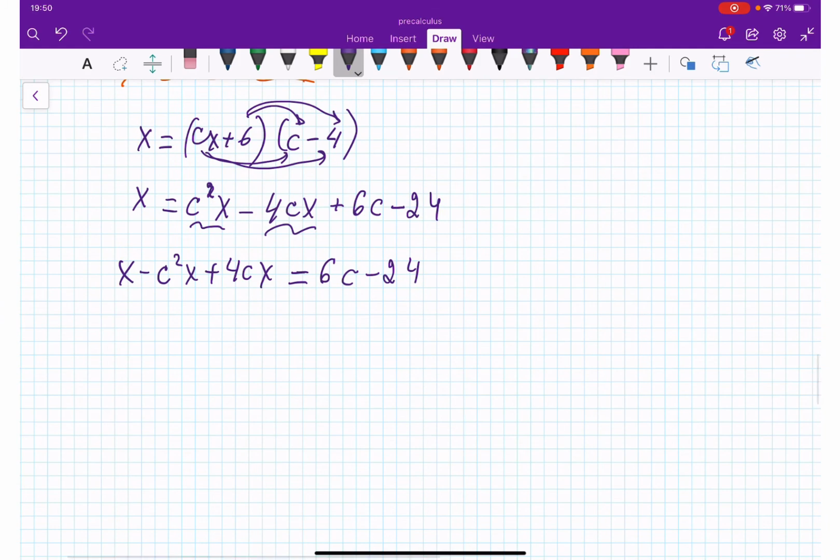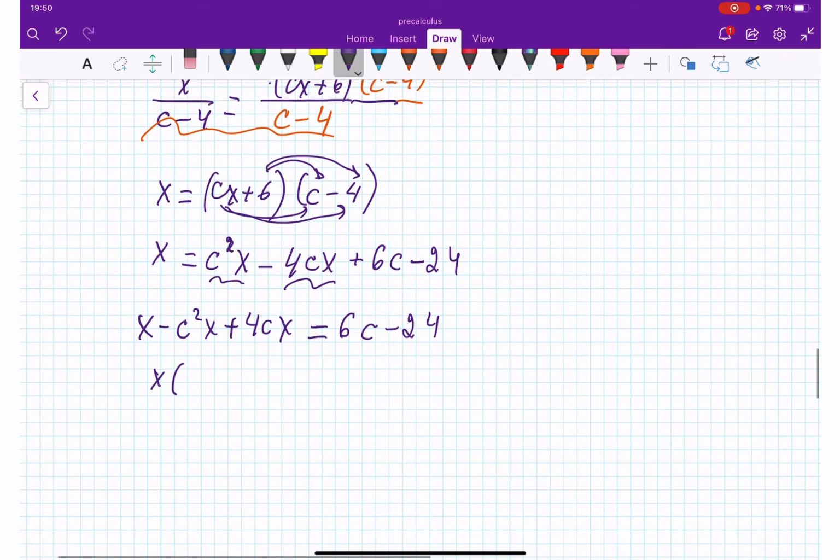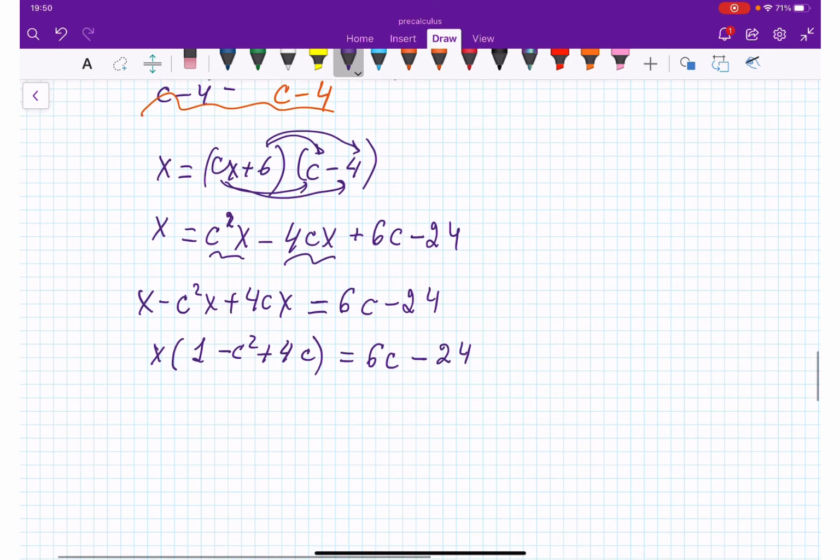Okay, so from here I'm taking x as a common factor because we need to find x, right? And I will get 1 minus c squared plus 4c. And here we have 6c minus 24. All right, so to get x, I need to divide by 1 minus c squared plus 4c.